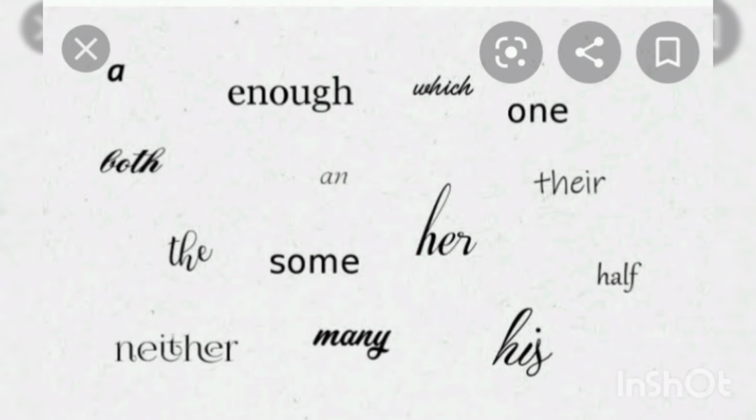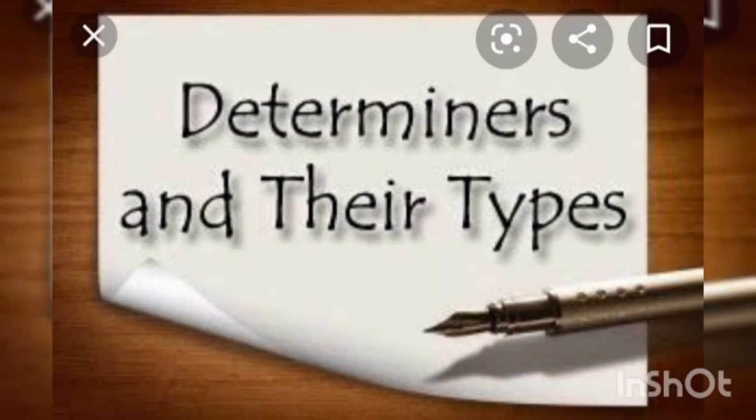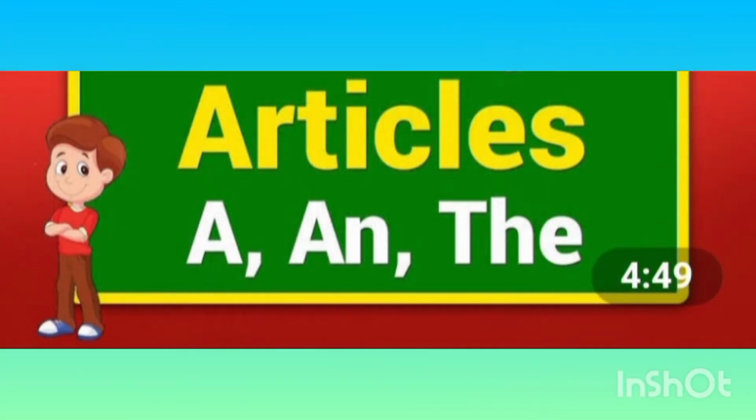Now I'm going to discuss the different kinds of determiners we study in English grammar. First up we have articles. Articles are the most used kind of determiners.